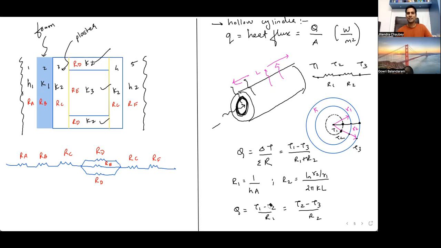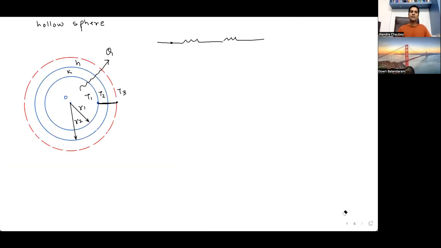So it doesn't affect the answer mathematically. Obviously, it will have its influence on the heat transfer, and because of that influence this heat rate will vary. But without even taking care of that, if you simply take care of these two layers, you will automatically get the correct answer.